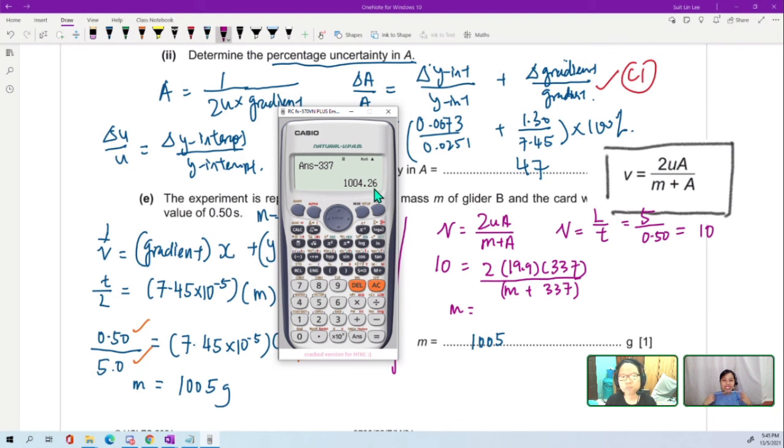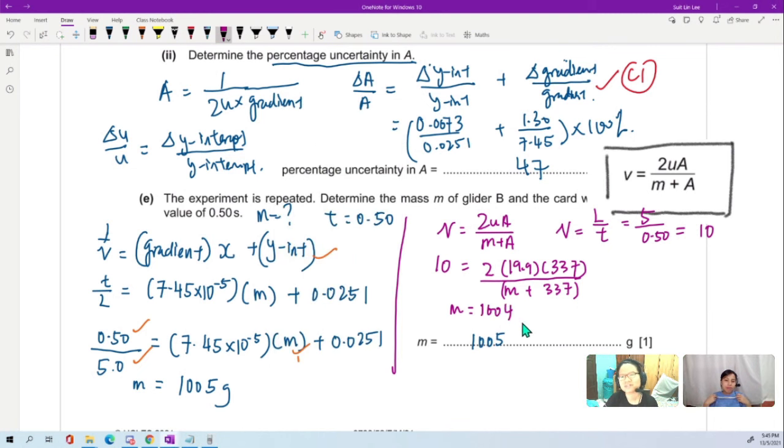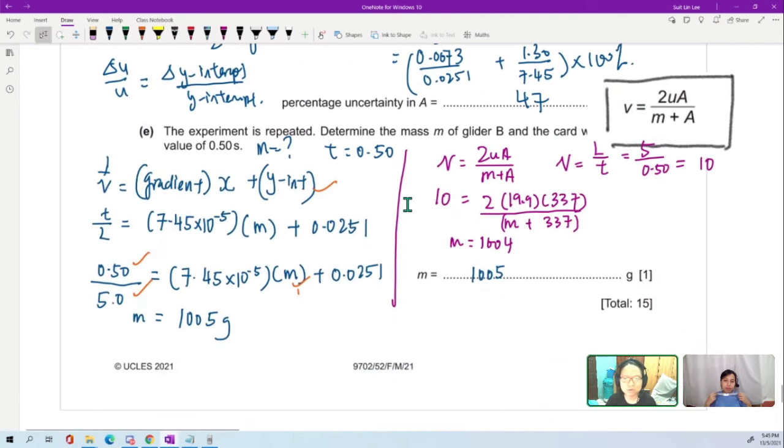Wow. 1004.26. Okay, I am happy. A little bit different, but to be expected. When we find u and a, we did some rounding. So these are all okay. The important part is you must show the substitution that you do. You should be able to clearly see what you substitute.